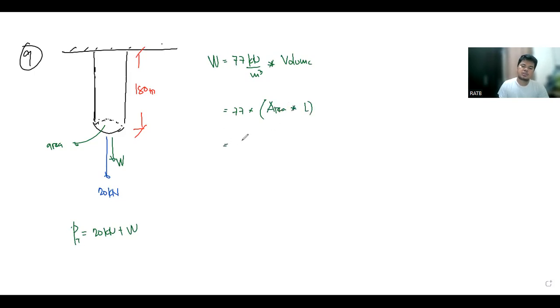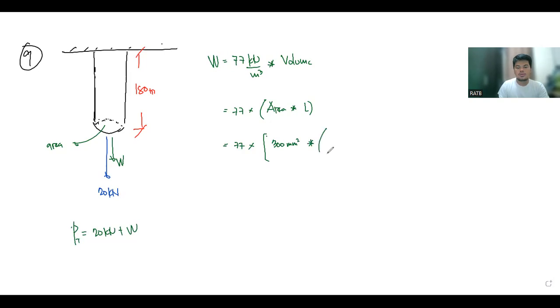So that is 77 kilonewton per cubic meter times the volume, that is the area. What is the area given? That's 300 mm square. So the area is 300 mm square.